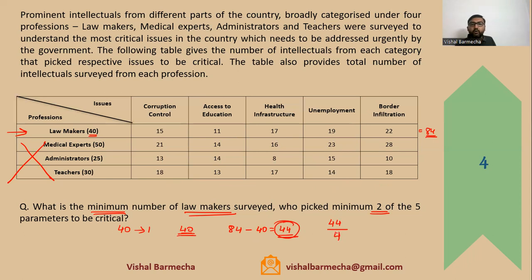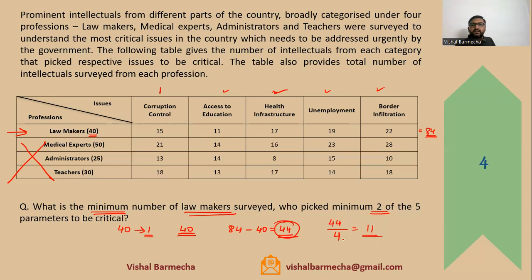Because देखो ऑलरेडी सबको एक एक केस मिल चुका है which they have found critical, 40. सबके बीच में मैंने एक एक बांट दिया. After finding 1 issue to be critical, a person has the appetite to take another 4 issues maximum, right? तो इसीलिए मैं 44 जो एक्स्ट्रा इश्यूज है उसको 4 से डिवाइड कर रहा हूँ and I am finding 11 more people. 11 people can consume these extra 44.